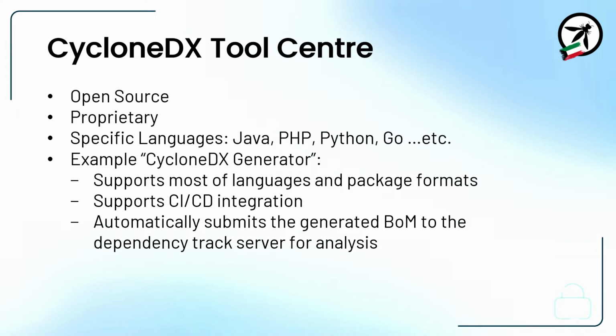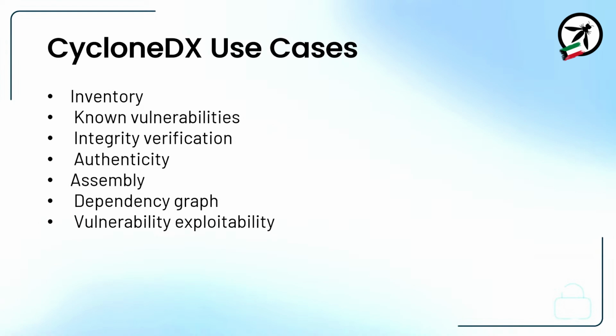It supports most of the languages and package formats. It also supports automation and CI/CD. Also, it submits the BOMs to Dependency-Track automatically. So have a look at it. The following are some use cases: inventory, known vulnerabilities, integrity verification, authenticity, assembly, dependency graph, and vulnerability exploitability through the VEX.